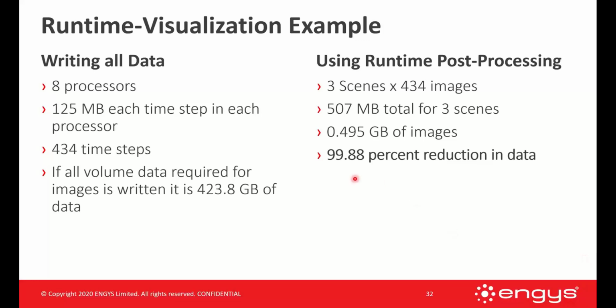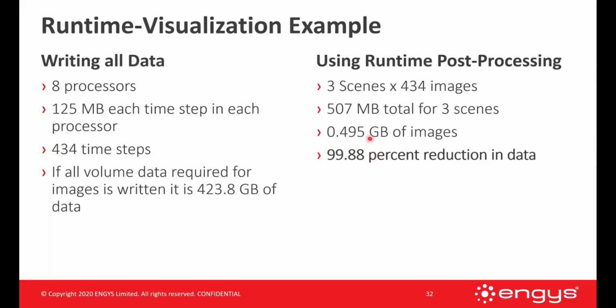However, using runtime post-processing, with 3 scenes and 434 images apiece, it comes down to about 507 megabytes, which means it's about 0.495 gigabytes of images, and it was a 99.88% reduction in data.